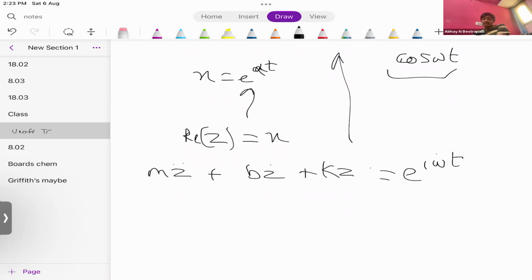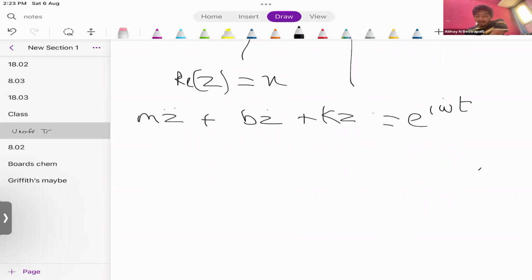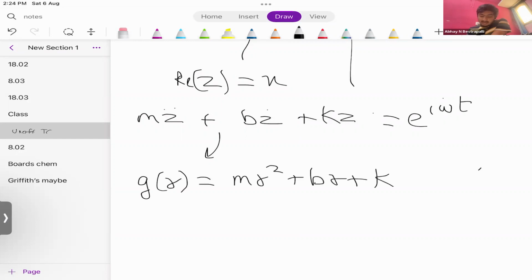I'm not going to go too deep into how we get the solution, but here is what you can check. The solution is of this form, nothing too complicated. I'm going to call something the characteristic polynomial, G of r, equal to m r squared plus b r plus k.